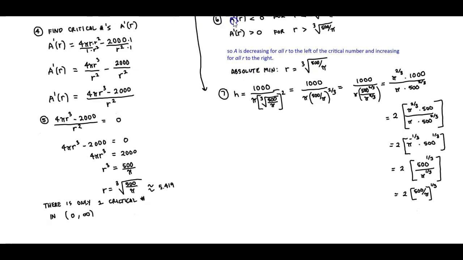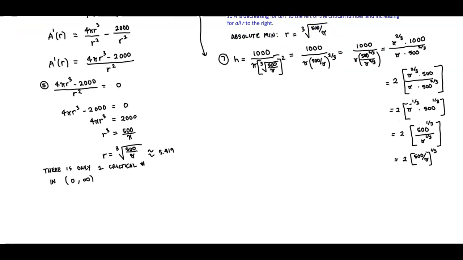And if you recall, that's the same thing that we have for the radius over here. So that's going to be 2 times the cube root of 500 over pi. Well, we know that that equals r. So therefore, that's going to equal 2 times r. So when we let r equal the cube root of 500 over pi, we found out that h is going to be equal to 2r.